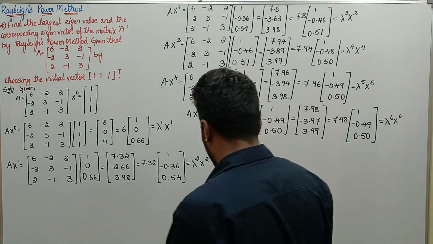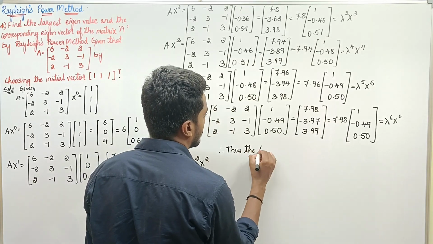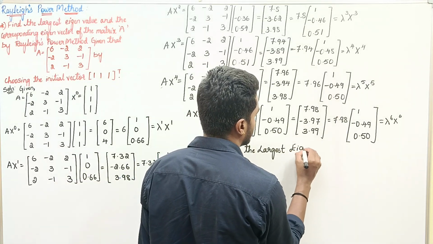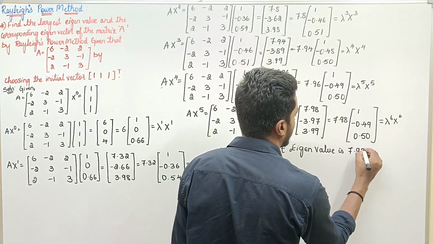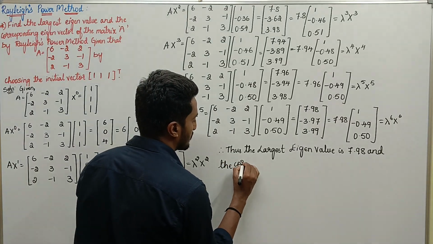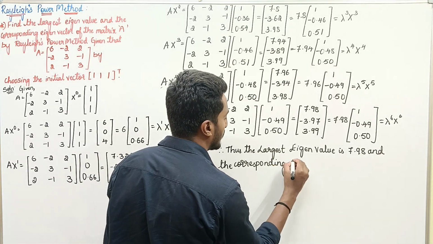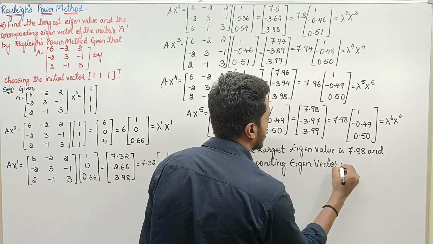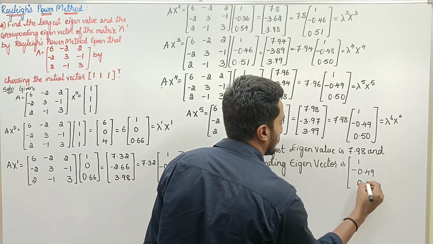And therefore you can conclude that thus the largest eigenvalue is 7.98 and the corresponding eigenvector is 1, minus 0.49 and 0.50.